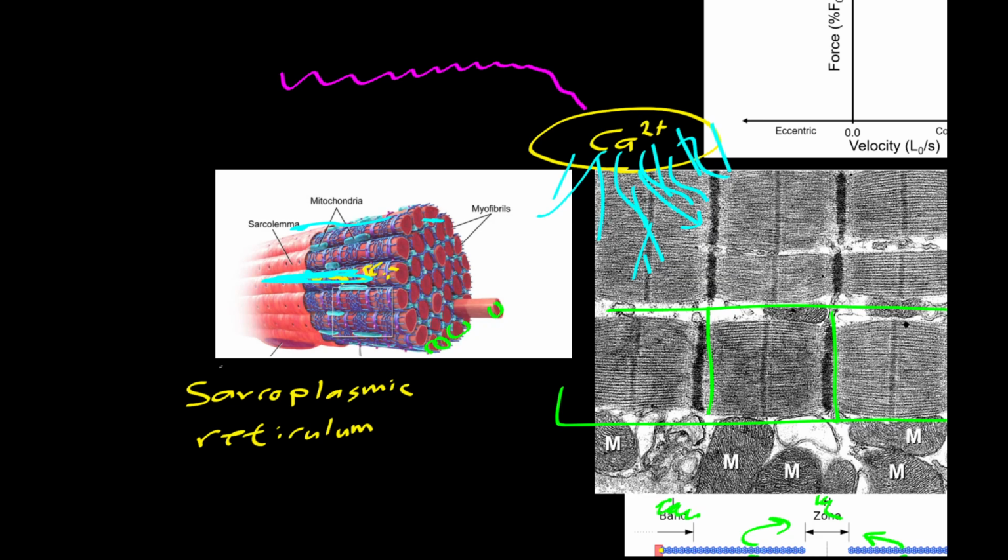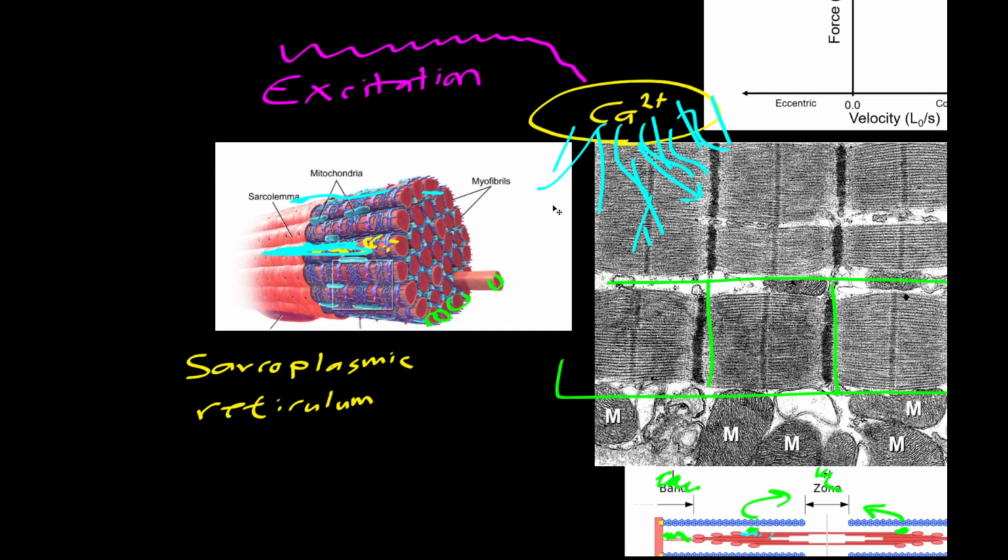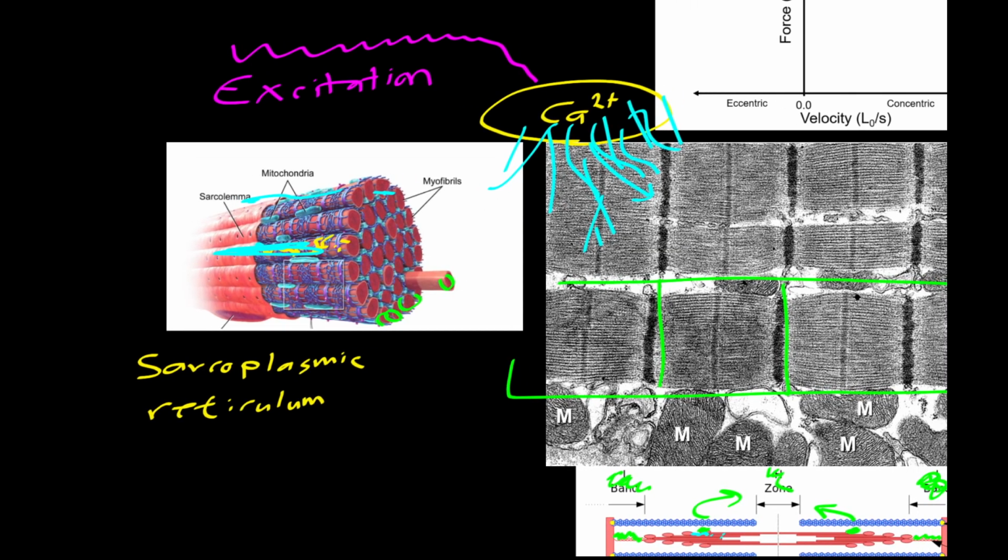So the dynamics here, this is this idea of excitation and activation. So we thought of this electrical signal going to the sarcoplasmic reticulum as an excitation from the central nervous system. If you've done motor control, you can think of that as an action potential.